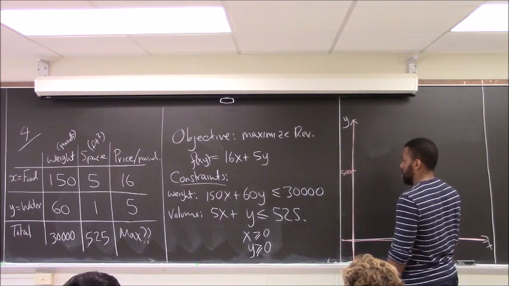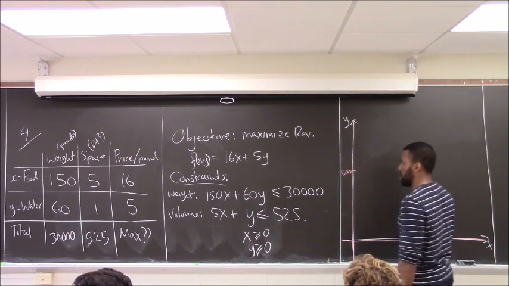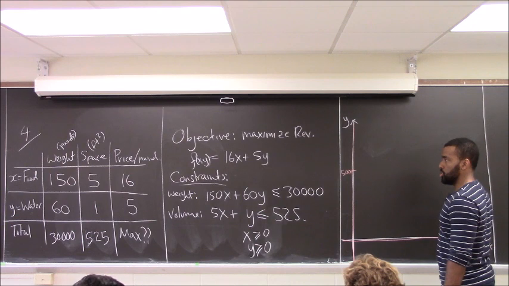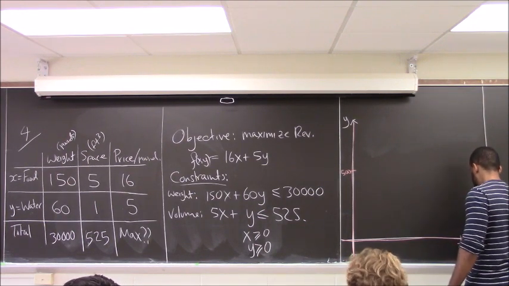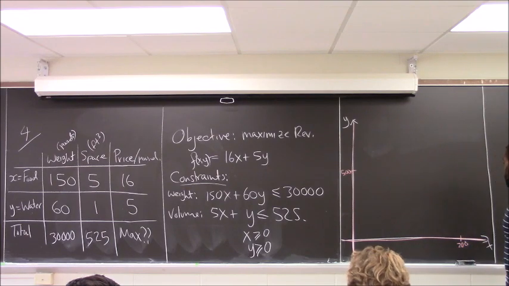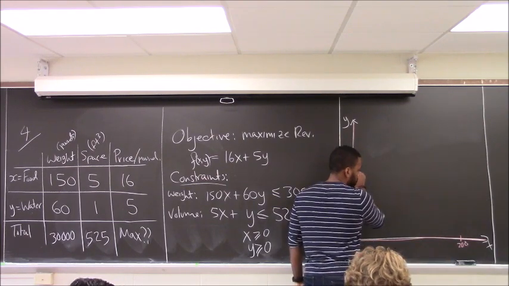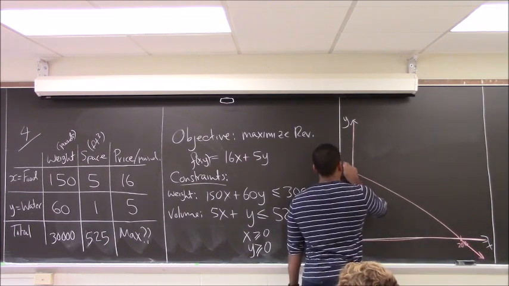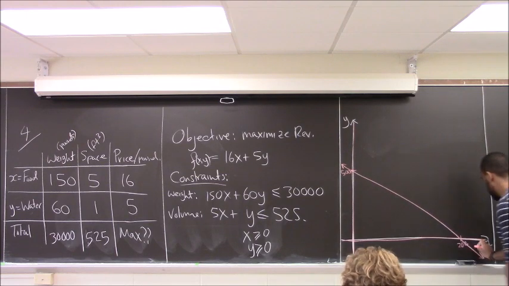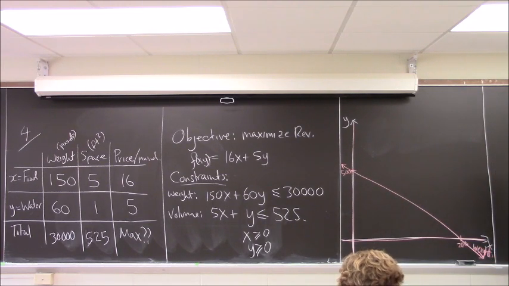And then for the x, plug in y equals 0, solve for x, what do we get? 200. So connect these. It should be a straight line. So this is our weight equation, our weight equation being plotted.